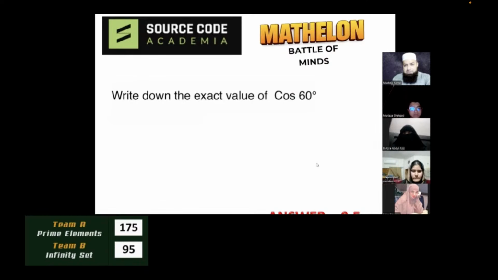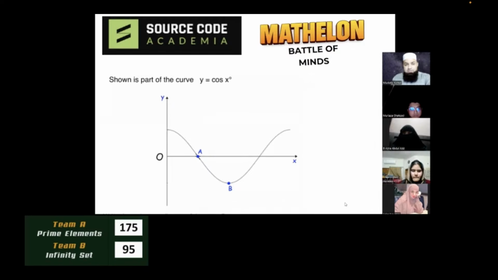Get ready, students. Shown as part of y equals cos x, you need to write down the coordinates of the point B. Team B, Murtaza Shehzad. Pi, minus 1.